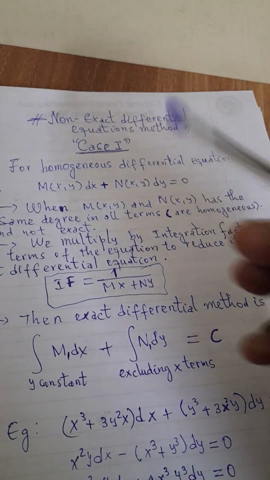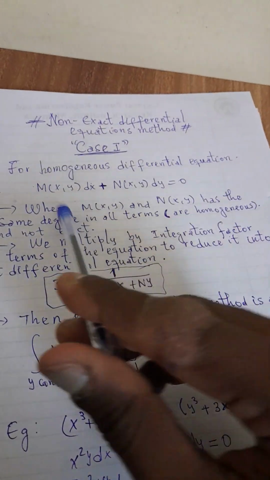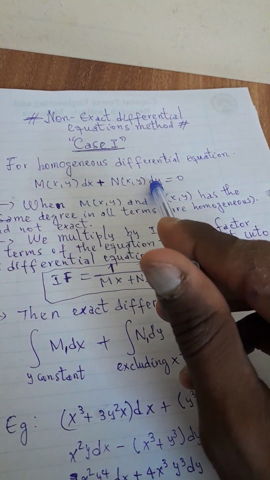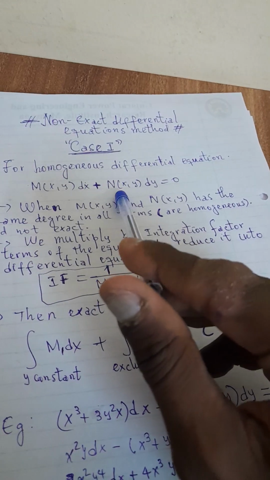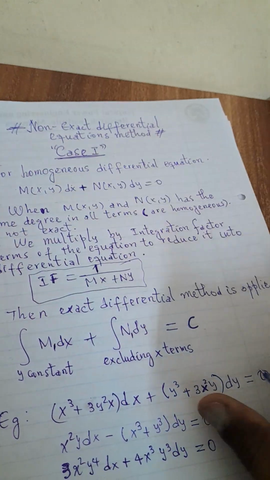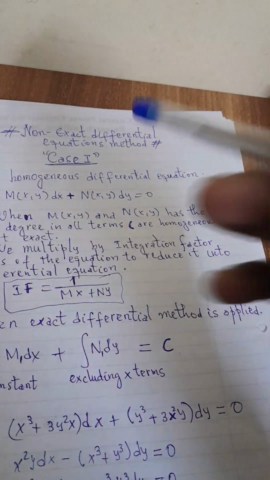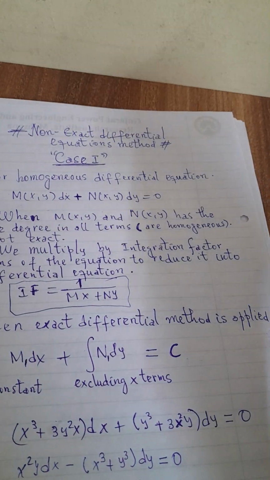We know what non-exact differential equation means: the derivative of M with respect to y is not equal to the derivative of N with respect to x. So what is the next step? See if the function is homogeneous.